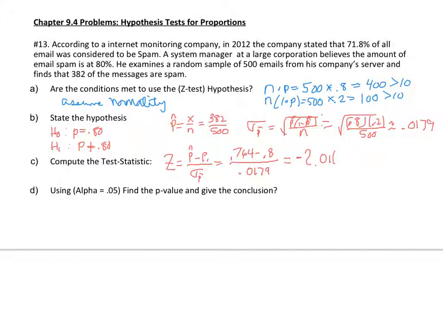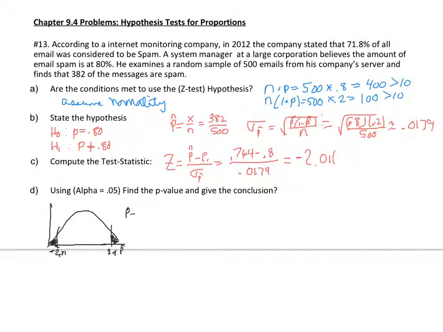Now we have to look at a p-value. And to find the p-value, we go back to this idea of a sampling distribution for p hat. And if you recall, p hat is normally distributed. And since it's a two-tailed test, we're looking at negative 2.01 and up here at 2.01. So we're looking at the values of the tail on either side.